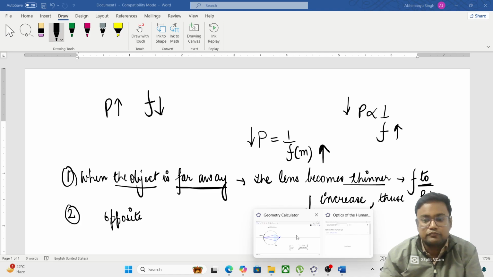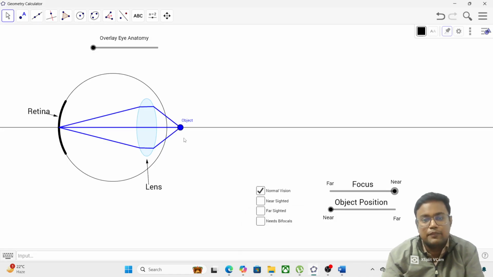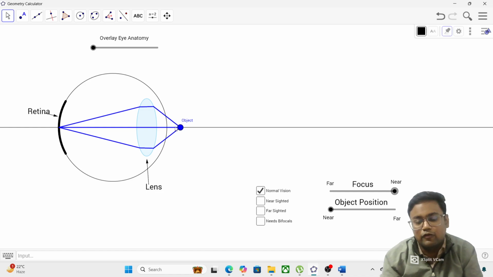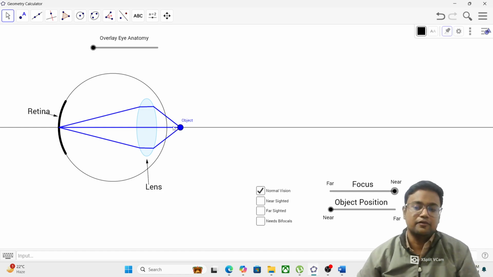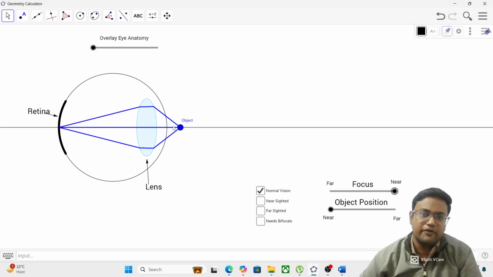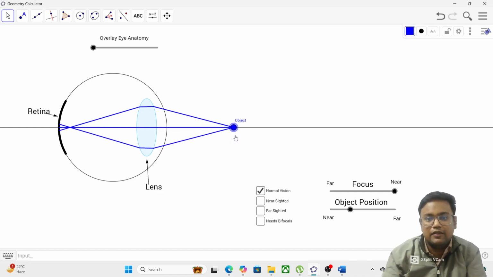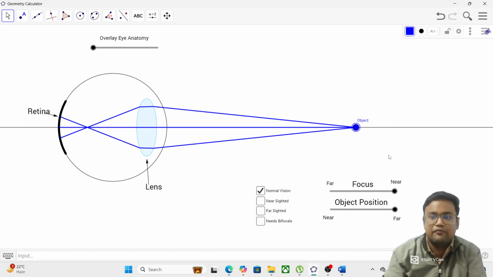सो एक और कॉन्सेप्ट हमारा यहाँ पे आता है, the lens will have maximum power when it is observing the objects which are located at the near point. यदि हमसे वो 25 सेंटीमीटर की दूरी पे रखे हुए हैं ऑब्जेक्ट्स, they are kept at nearly around 25 centimeters from us, then the lens will have maximum power, and minimum power होगी when it will have the maximum focal length.